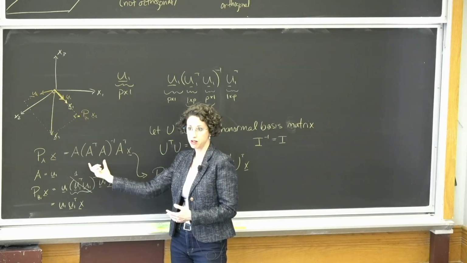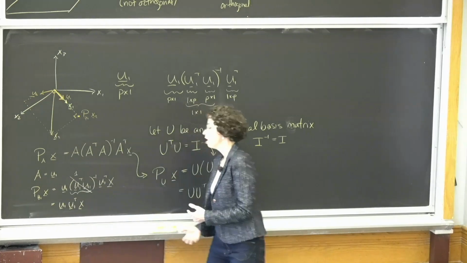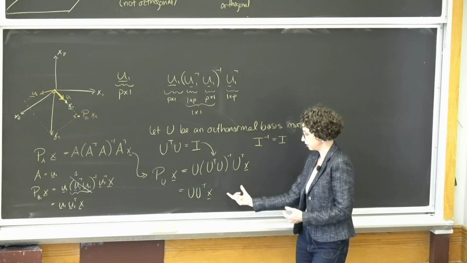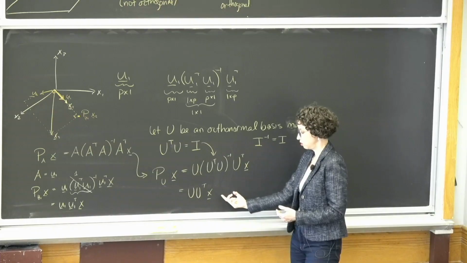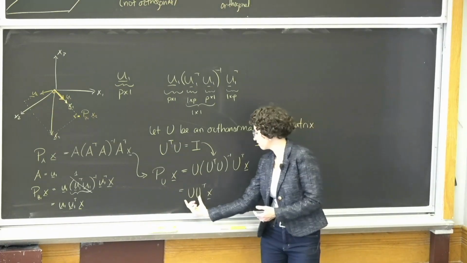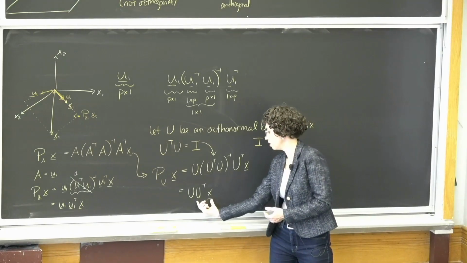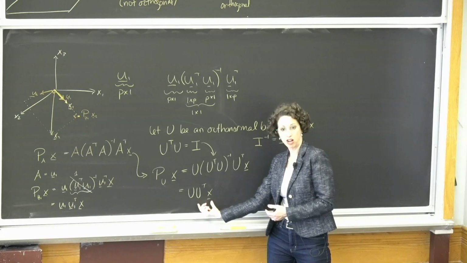That could be a very computationally intensive operation and not something that I want to repeat. But if you give me an orthonormal basis and ask me to project a point onto that, then I don't have to compute any inverse of any matrix. I only ever have to compute matrix-vector products.